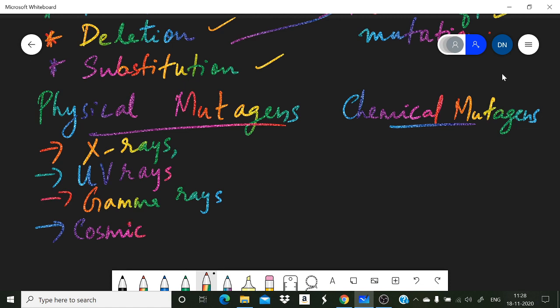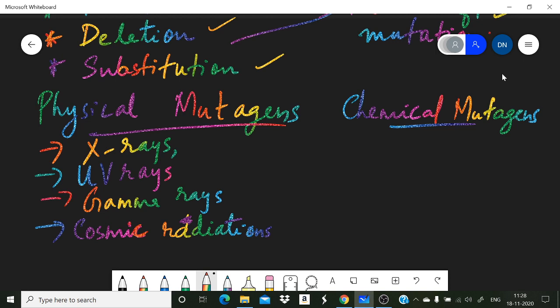Cancers are actually because of mutations. The very harmful effect of mutation is a dreadful disease, cancer. So the cosmic radiations are also some physical mutagens.